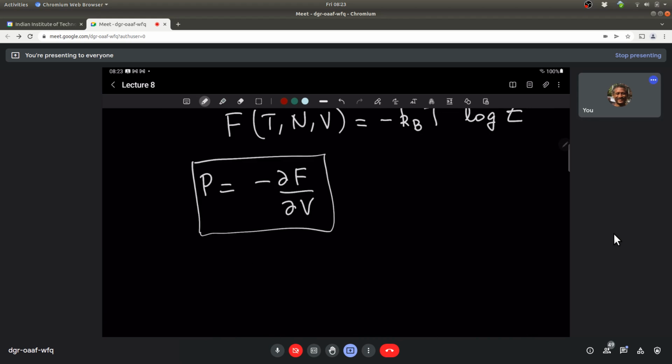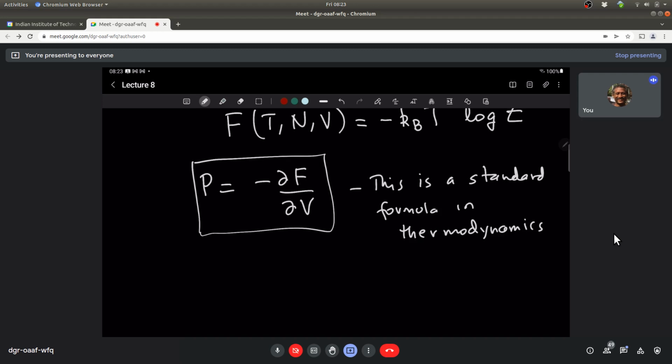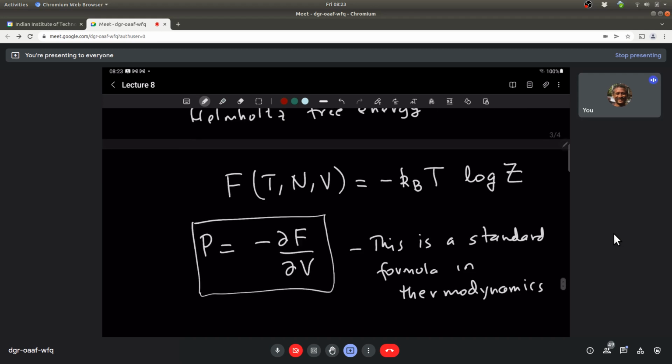This is a standard formula in thermodynamics. But what I am trying to say is that this formula is very important. This is the backbone of the connection we can make from the canonical ensemble to thermodynamics.